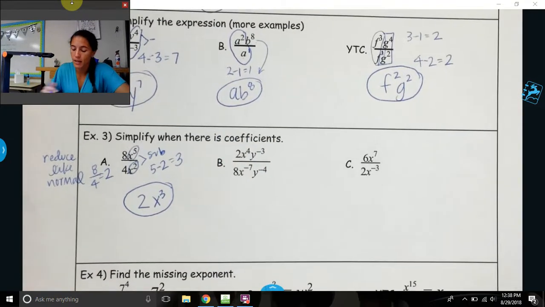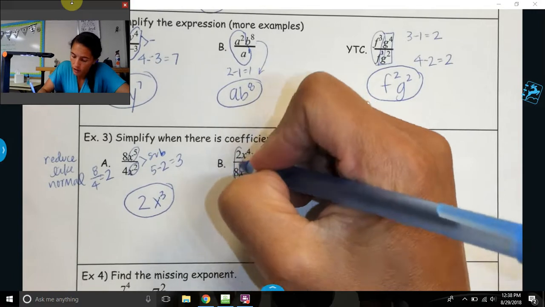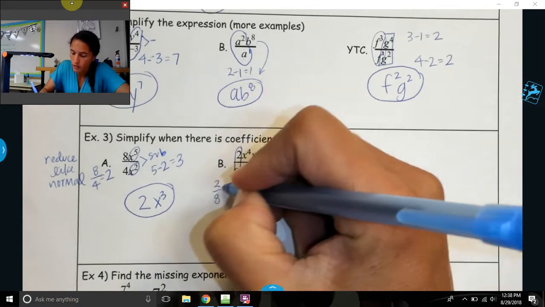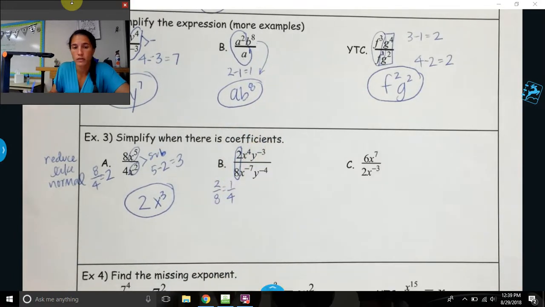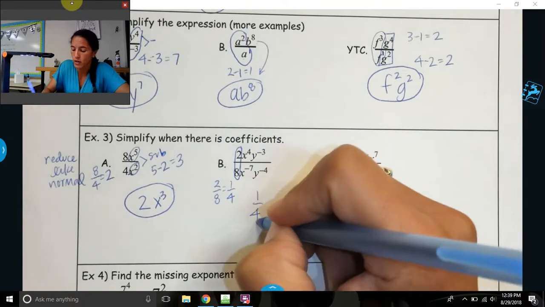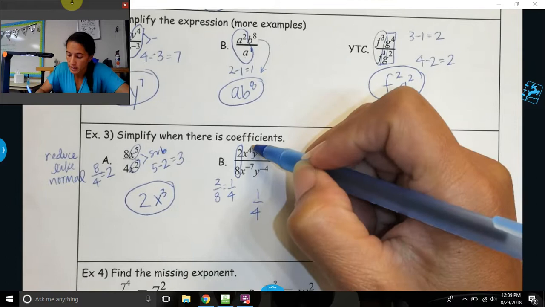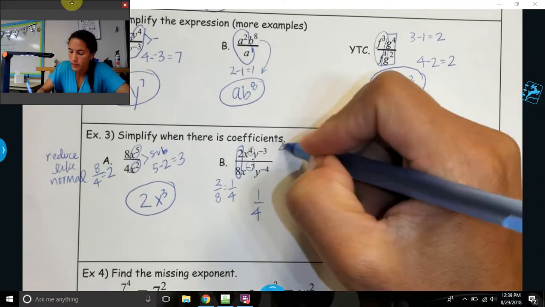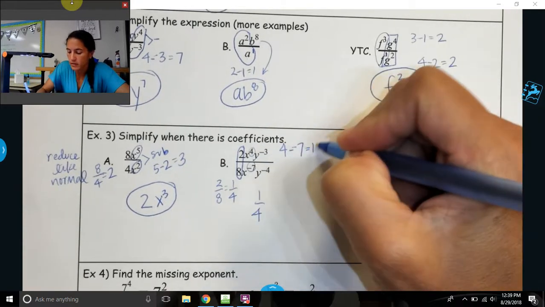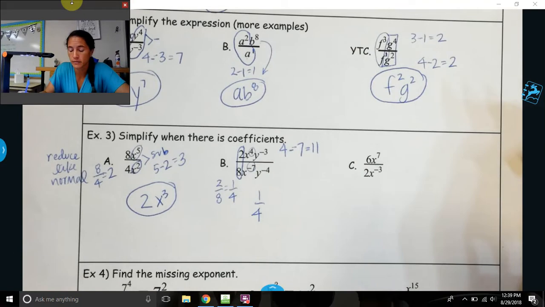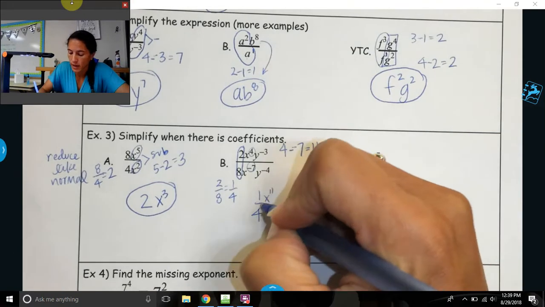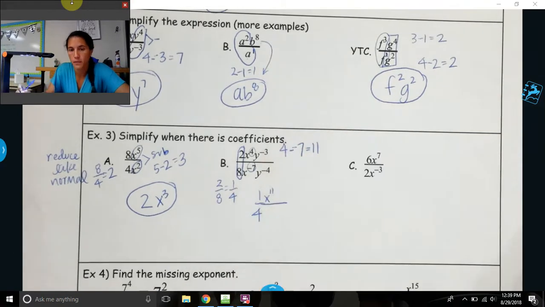So part B, let's talk about our coefficients. 2 over 8, we can reduce that to 1/4. So I know I'm going to start my answer with 1/4. Now I'm going to look at my x's. I have 4 minus negative 7, which is actually 11. So x to the 11th power, that's going to go in the numerator.